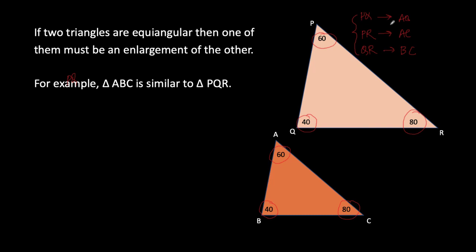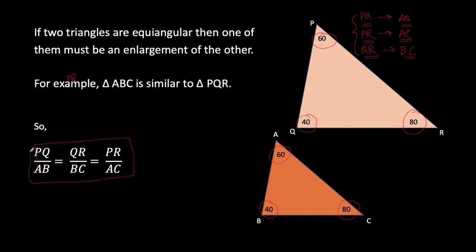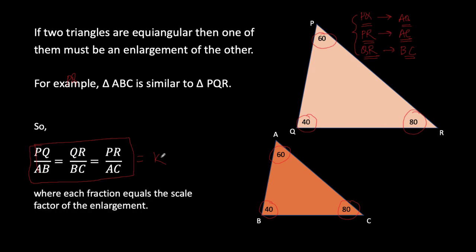For example, we can say triangle ABC is similar to triangle PQR because two angles are the same. So PQ over AB, PR over AC, and QR over BC are in proportion with a scale factor known as K, where each fraction equals the scale factor of enlargement.